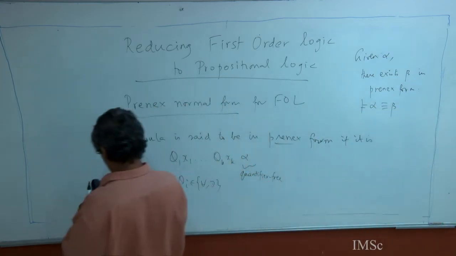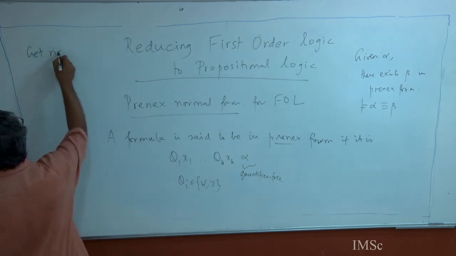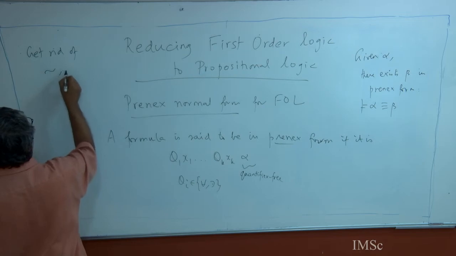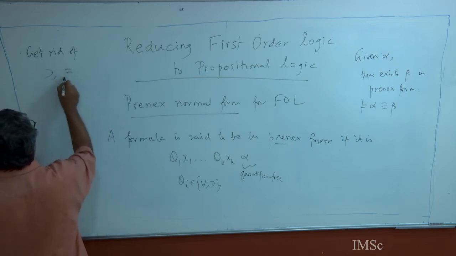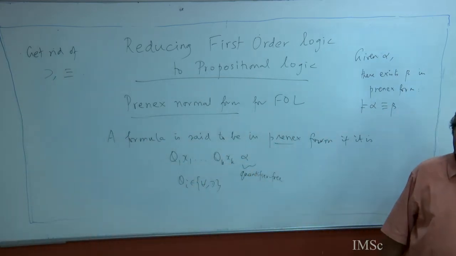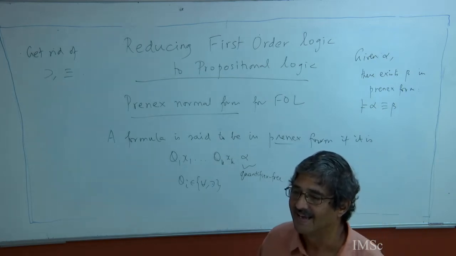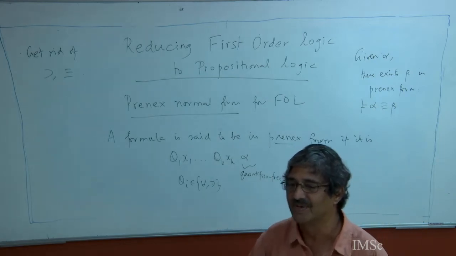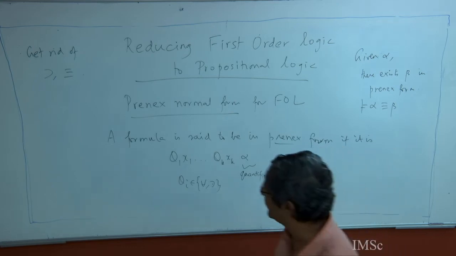So let's see. First, get rid of implication: you can always write it in terms of disjunction or conjunction. And if and only if you could write in terms of a conjunction of two implications, therefore you can. So you can always do that.